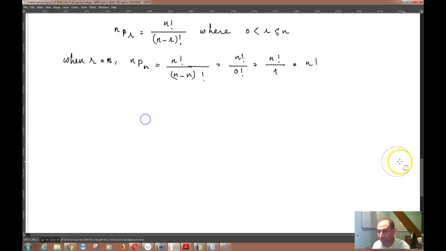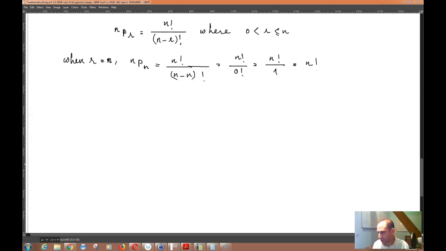Now the next thing that we have here is counting permutations is merely counting the number of ways in which some or all objects at a time are rearranged.